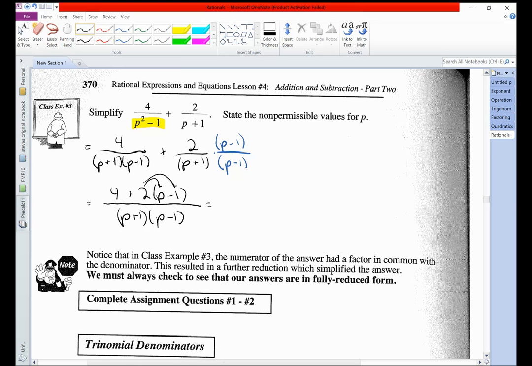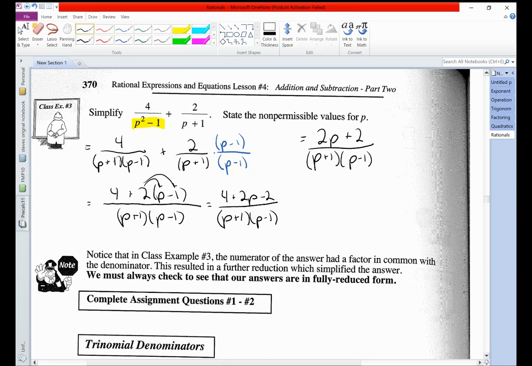We're going to multiply that 2 through. 4 plus 2p minus 2 all over p plus 1, p minus 1. And then what does that come out to be? We have positive 4 and minus 2 in the top. So I can reduce that top to 2p plus 2 and p plus 1, p minus 1.